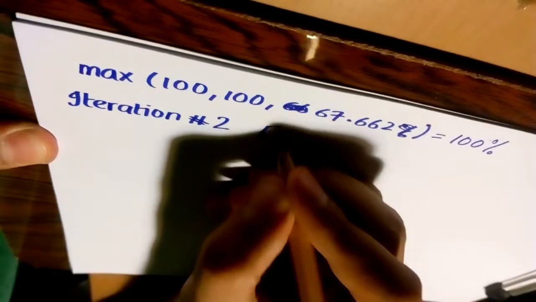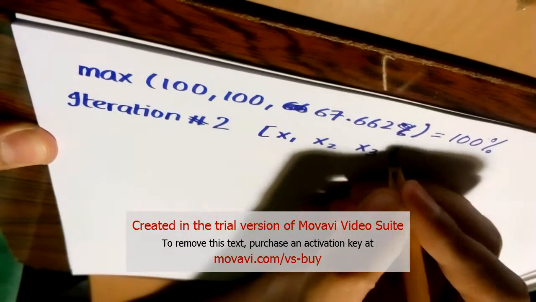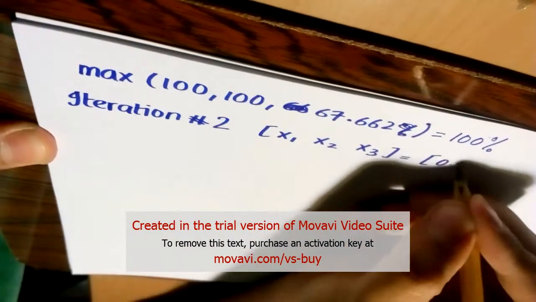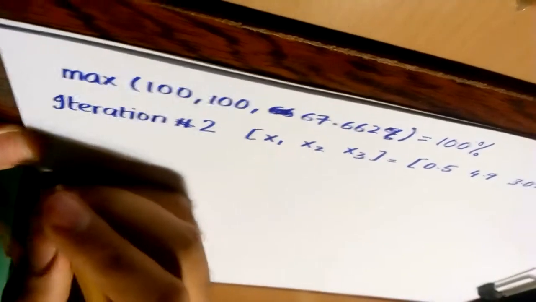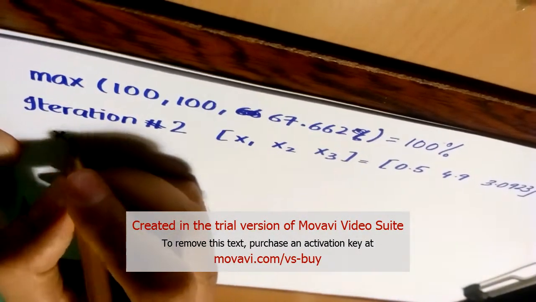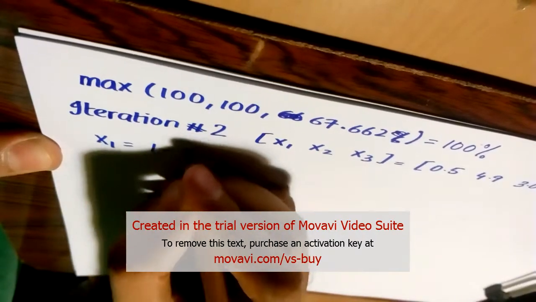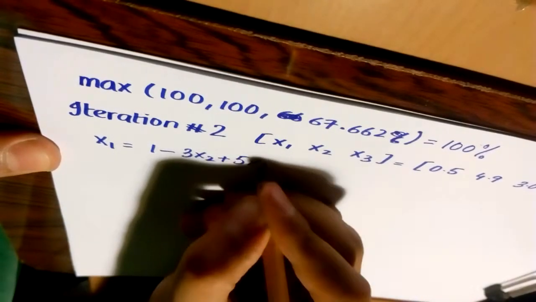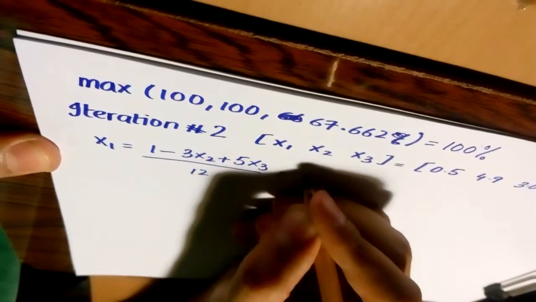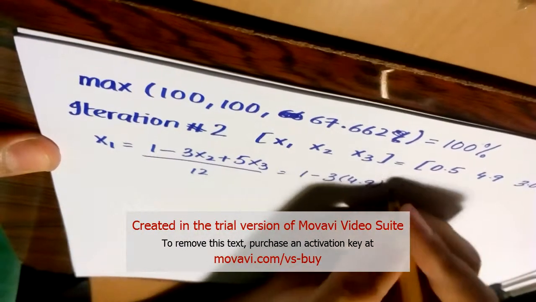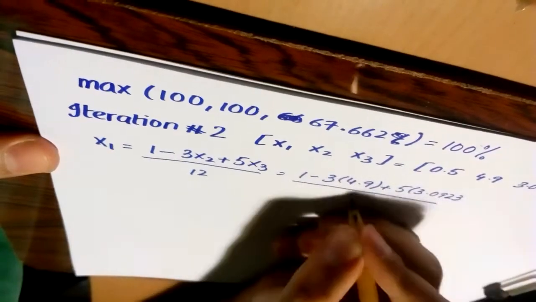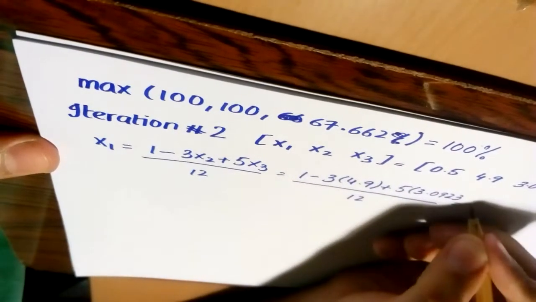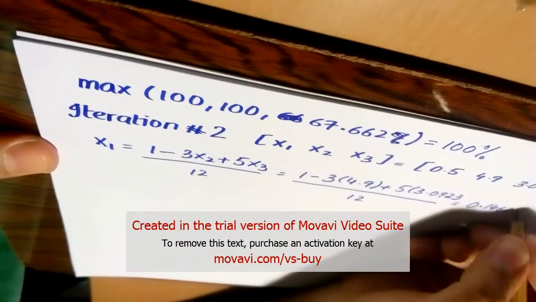Now it's time to perform iteration number 2. First, we plug in the values of x2 and x3 in equation 1, which gives us 0.194.